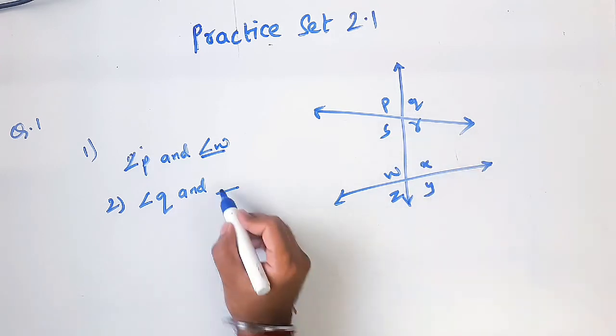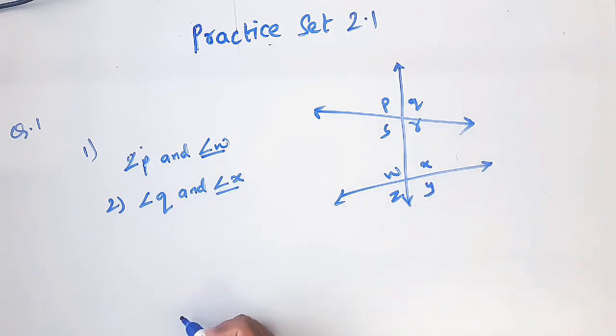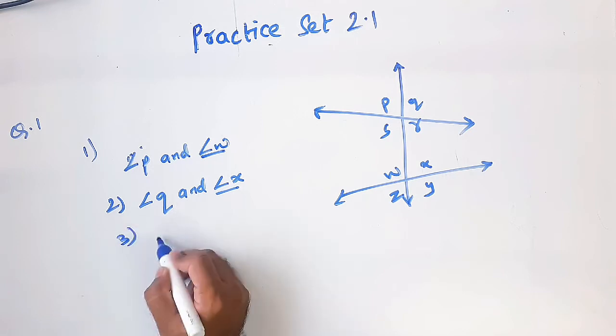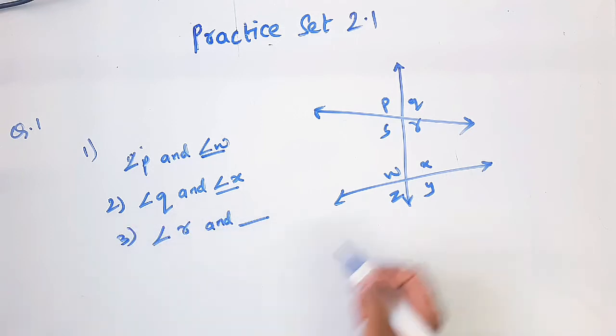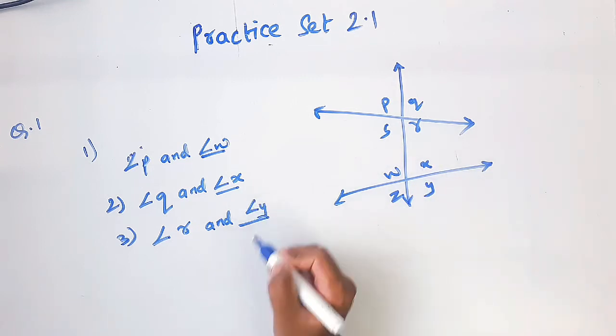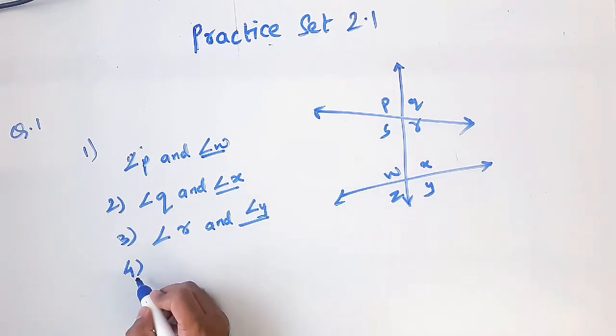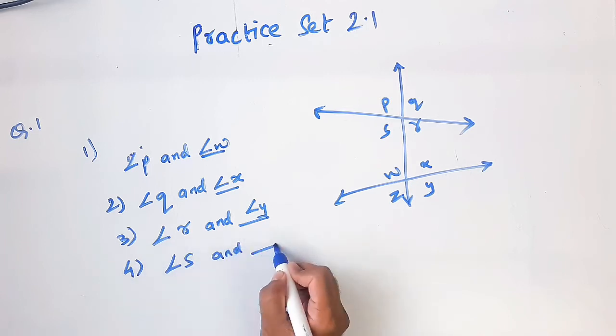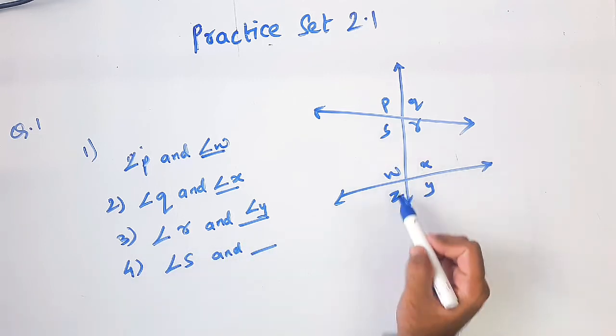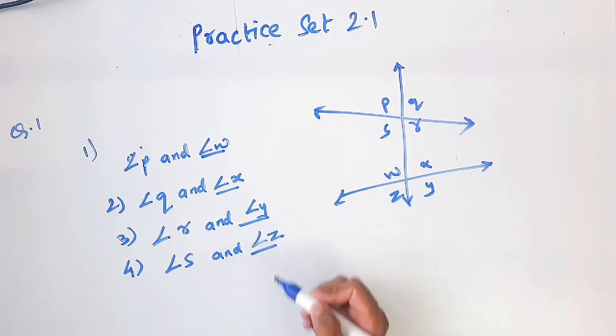So angle Q and angle X. Third one, angle R and dash, angle Y. And fourth one, angle S and, yes, what is the corresponding angle? Angle S and angle Z.